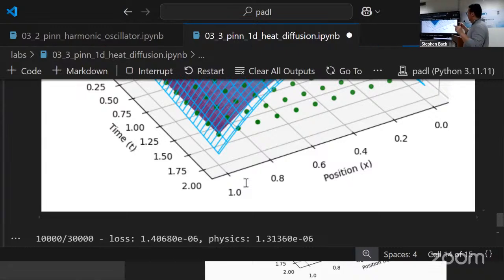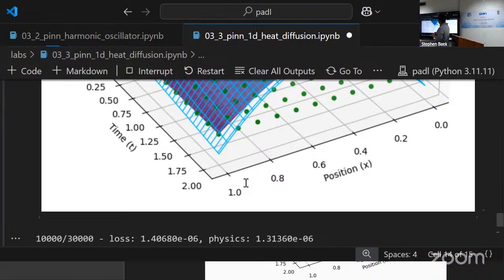But the moment you go beyond the area that is covered by the collocation points, the performance of the model will quickly deteriorate. If you put in time t equals 5 and position x equals, say, 7 meters, it'll return some value, but that value is likely off from the ground truth.